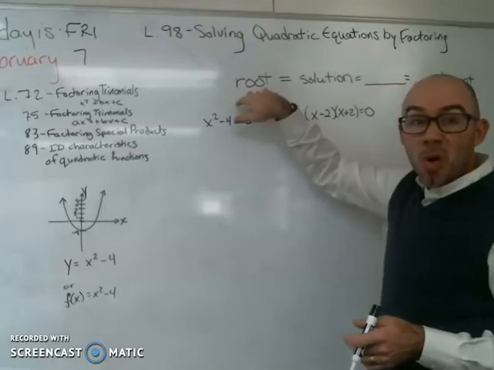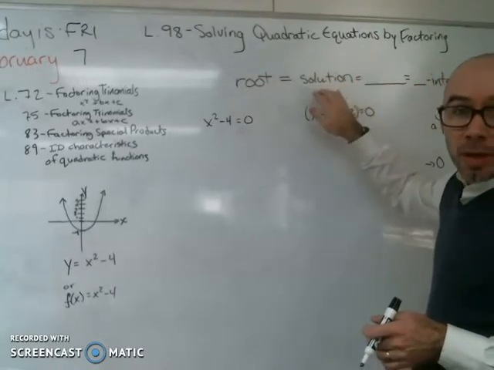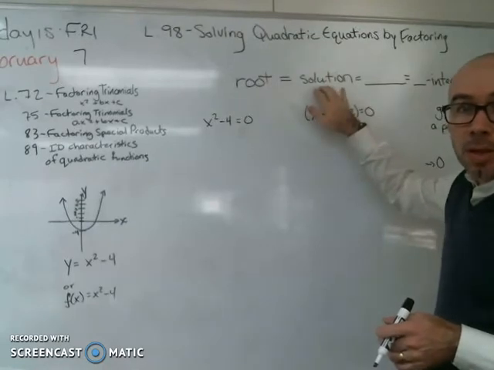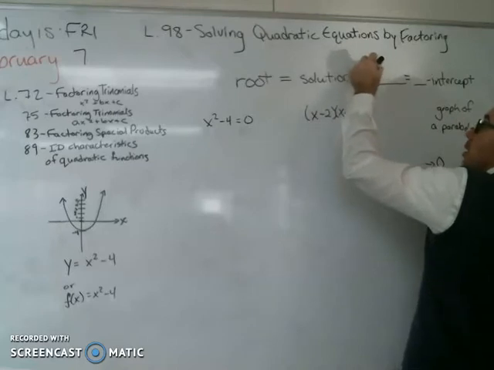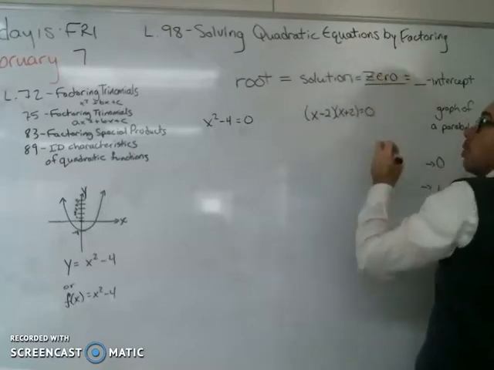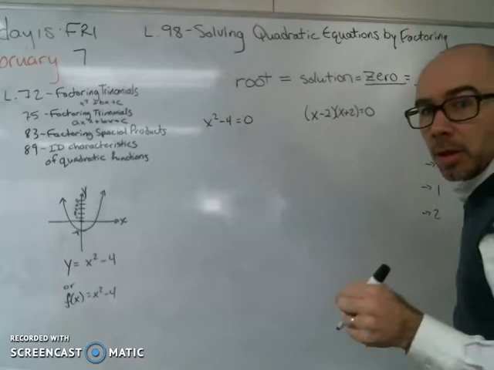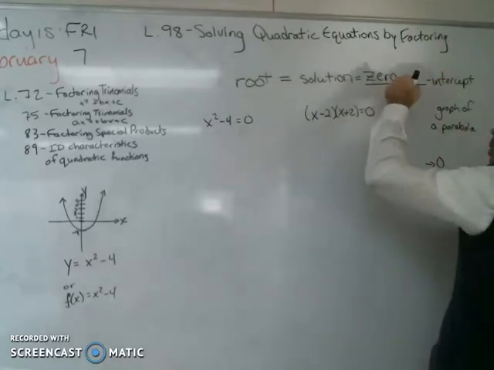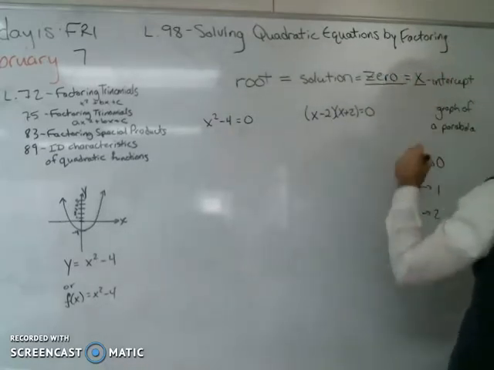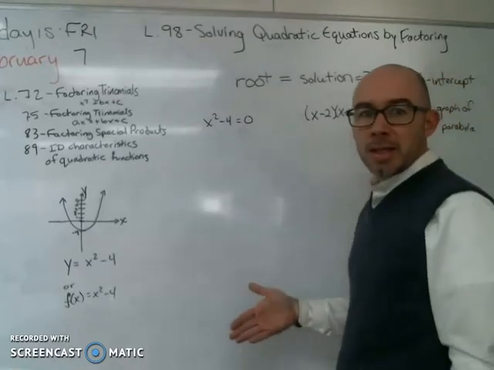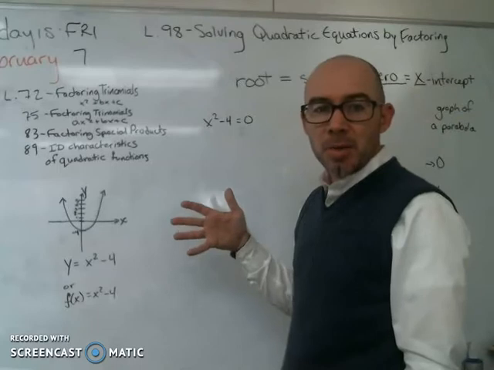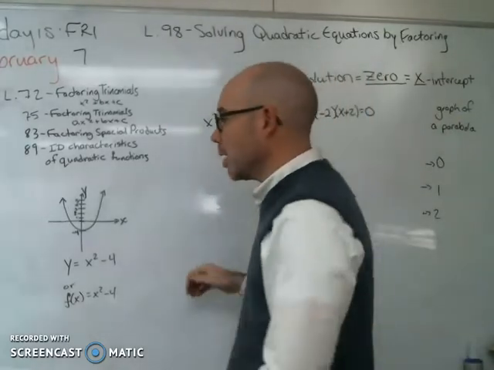Root is more or less interchangeable with the term solution to an equation, which is more or less synonymous with zeros, which we talked about a couple lessons ago, which is pretty much synonymous with an x-intercept. And that was one in the last episode that we didn't hit, but we did back in 89, I believe.